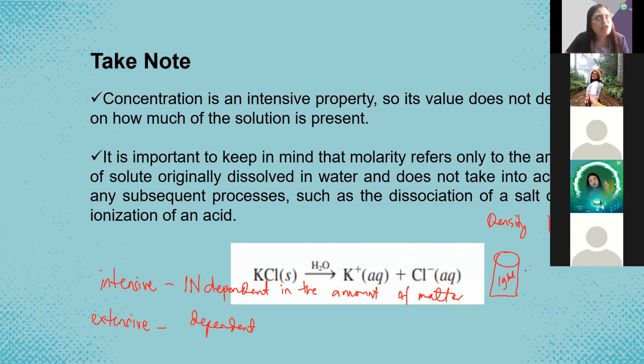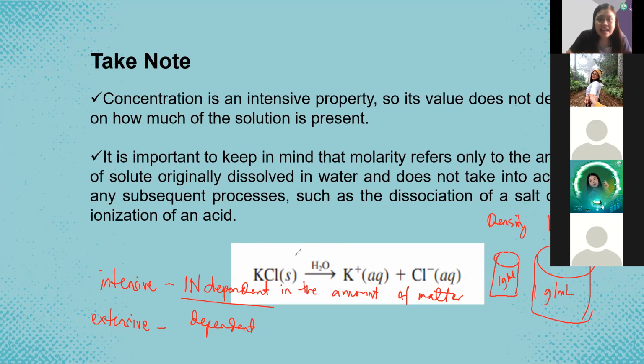If you have a bucket of water, the density is still 1 gram per mL. That is what we mean by independent. It doesn't matter if you have a lot of water or a small amount of water, the density will still be the same. So concentration is also an intensive property.